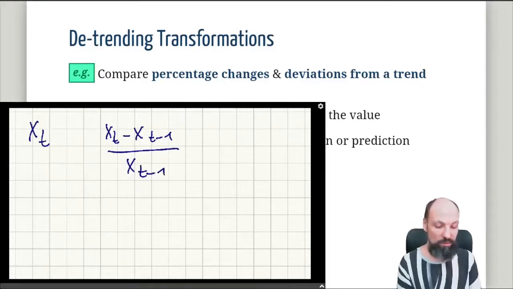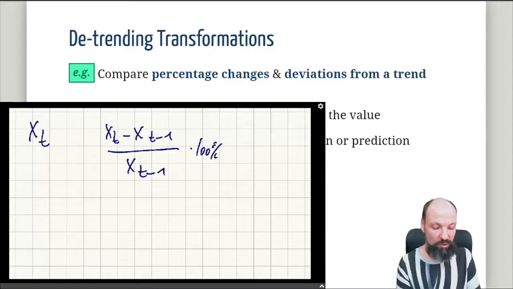Well, if you want to measure it in percent, then also times 100%, but usually we don't do that.